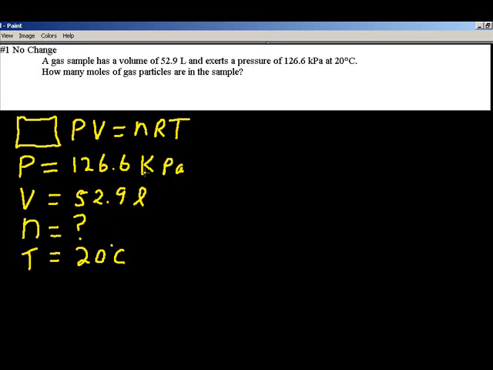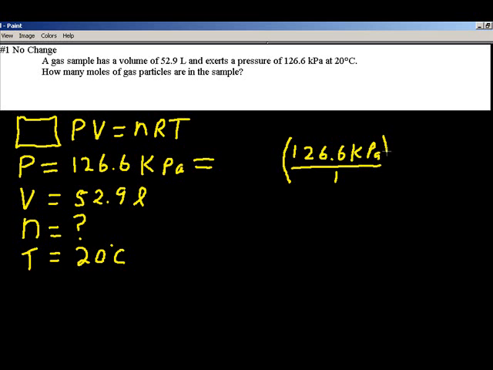The first one is that kPa, which is really a physics unit for pressure, that needs to be converted to ATMs. How do I do that? Well, I use first the value given, which is 126.6 kPa over 1. We're using dimensional analysis here.